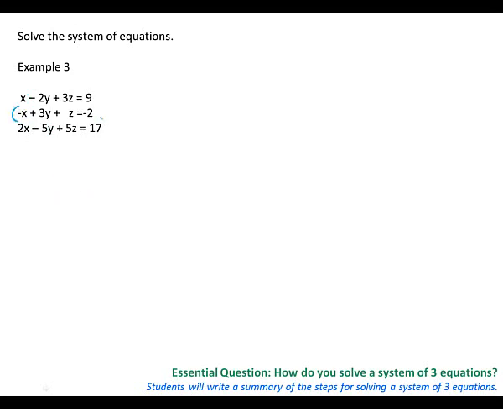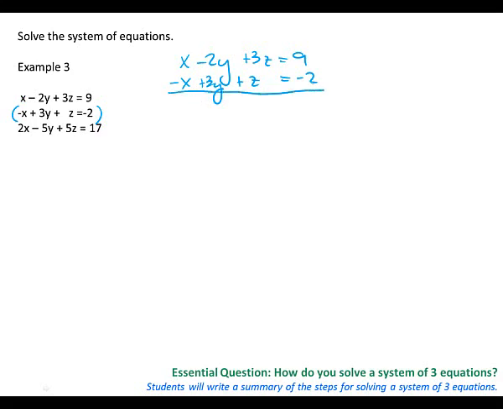So this one here I'm going to use as my multiplier equation. For the first pair, I don't need to do anything, right? It's already opposite signs and the same coefficient. So all I'm going to do is rewrite them and add them. Negative x plus 3y plus z equals negative 2.